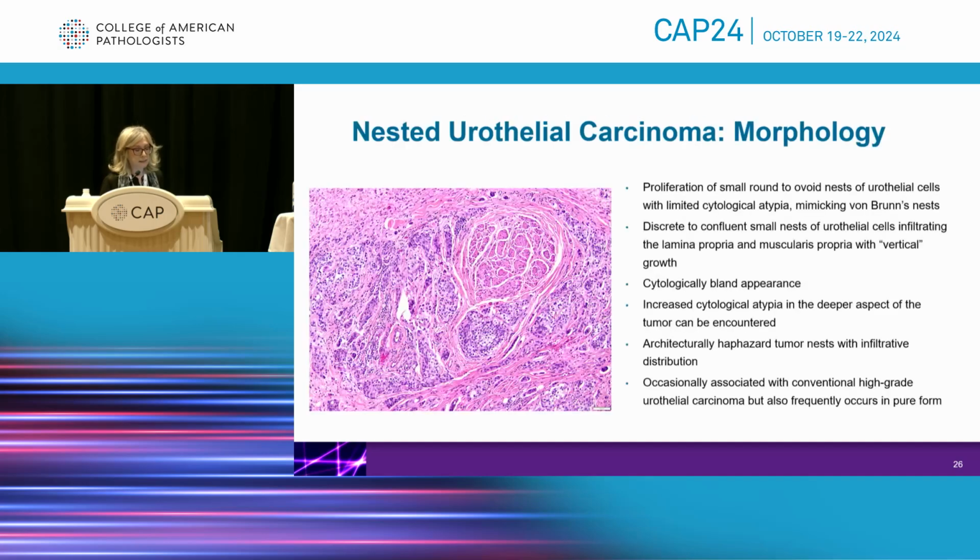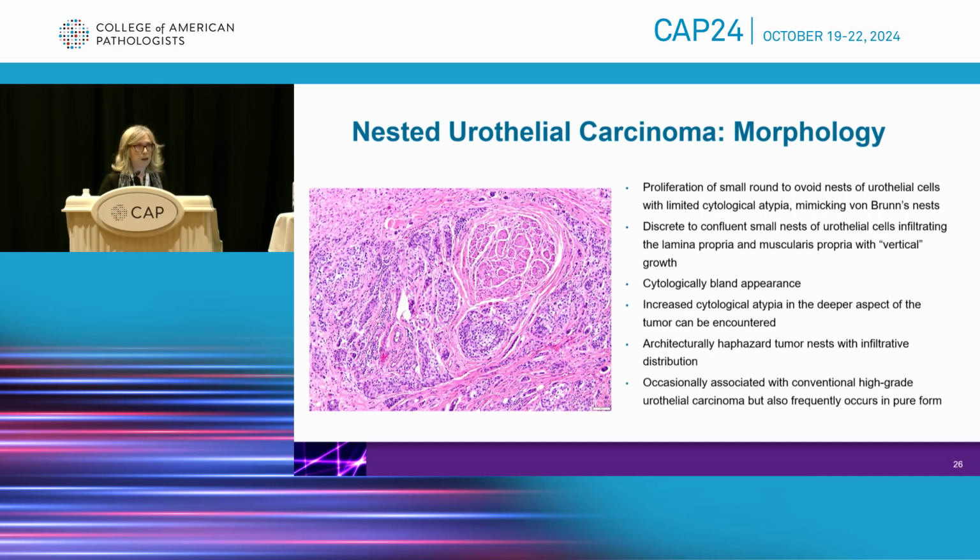I will discuss nested urothelial carcinoma, and this consists, as you know, of proliferation of small round ovoid nests. They typically lack cytologic atypia. In fact, they are very difficult sometimes to differentiate, especially in small specimens, from von Brunn's nests. So they lack cytologic atypia, but they do have architectural atypia.